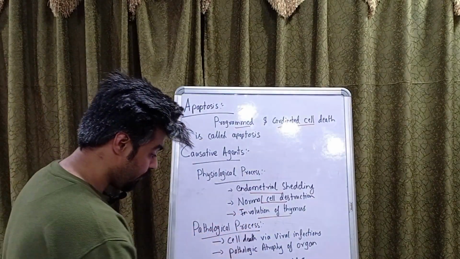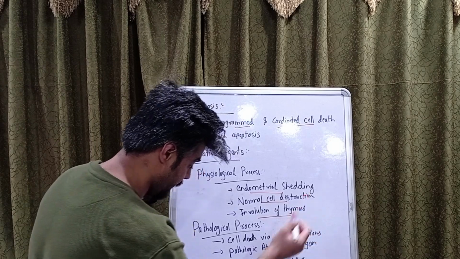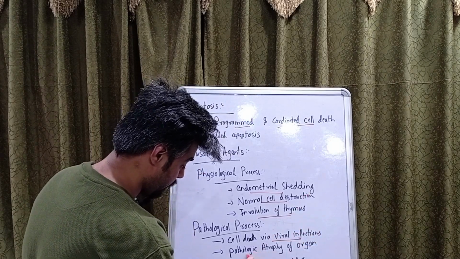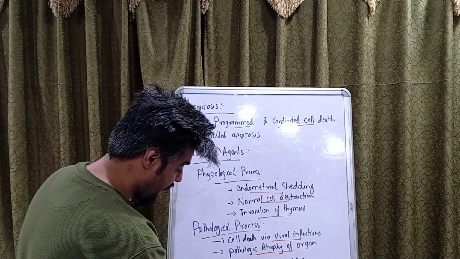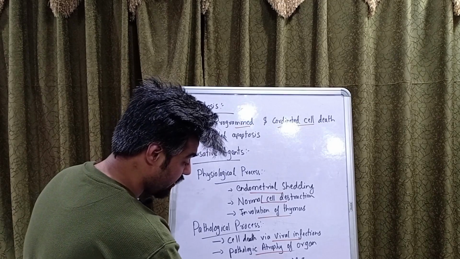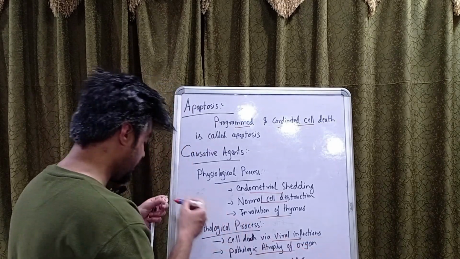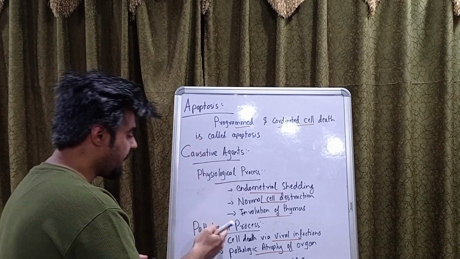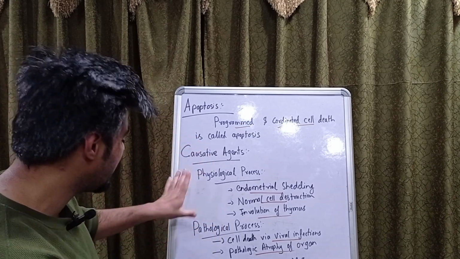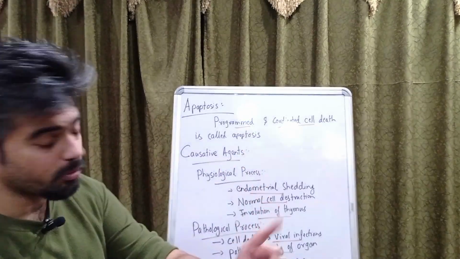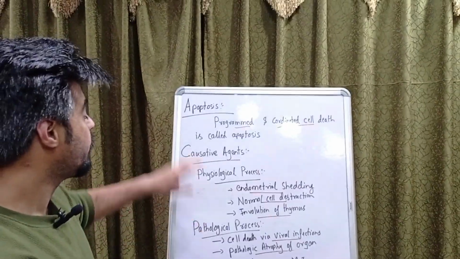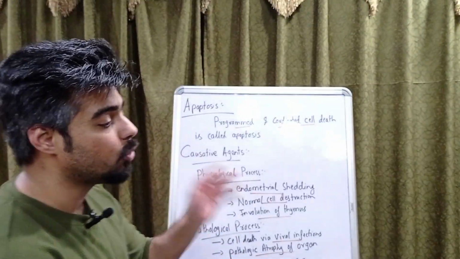So cell death via viral infection, pathologic atrophy of organ, and heart diseases, for example MI. These examples have been divided into two, that is physiological process and pathological process. So this is apoptosis. Now let's come towards its morphology.